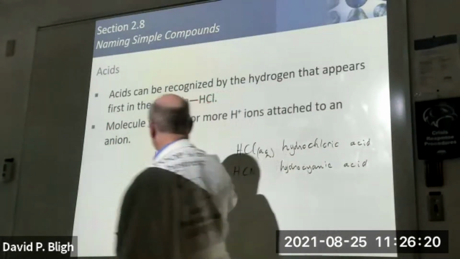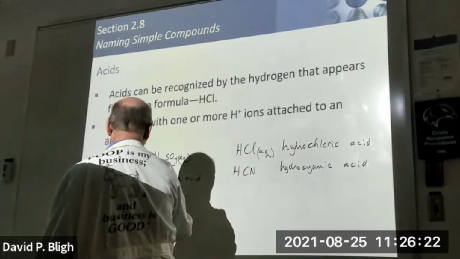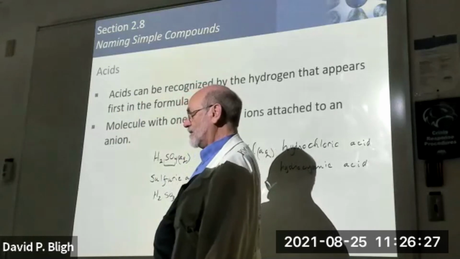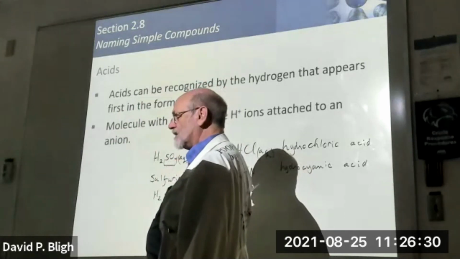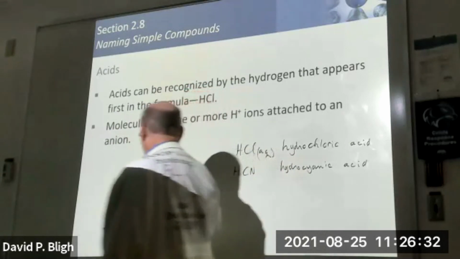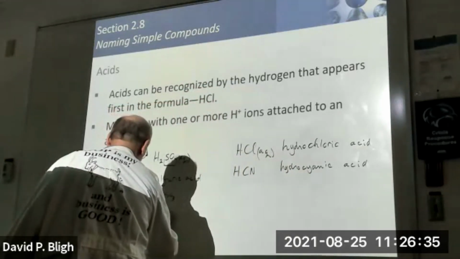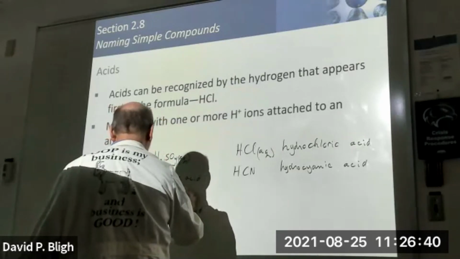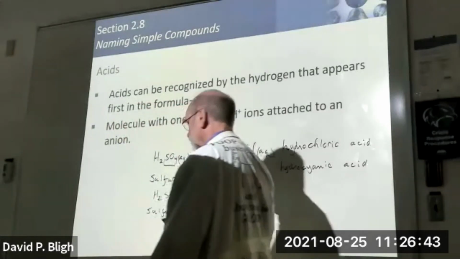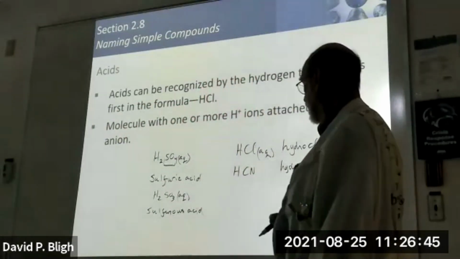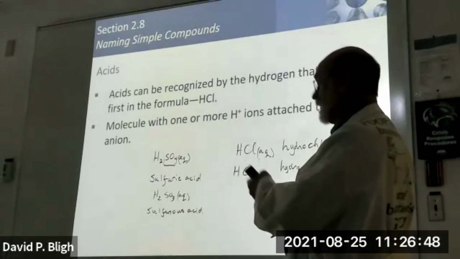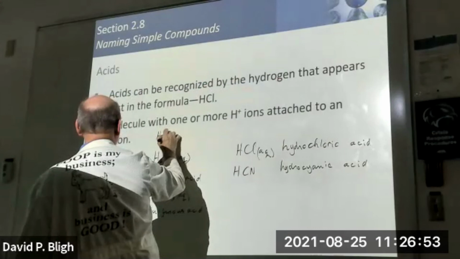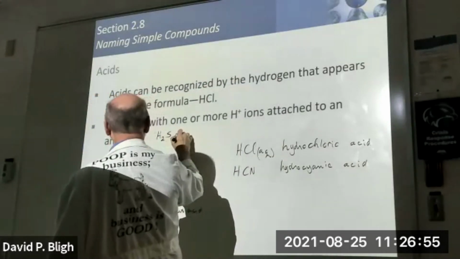What if it was H2SO3? SO3, this is sulfate, that's sulfite. Right? Ate becomes ic, ite becomes ous. So this would be sulfurous acid if it were dissolved in water. Now, one that can be confused with this one is one that doesn't have oxygen in it. H2S, dissolved in water.